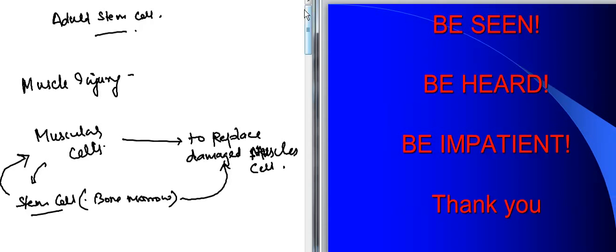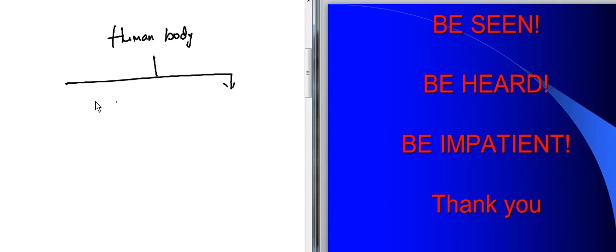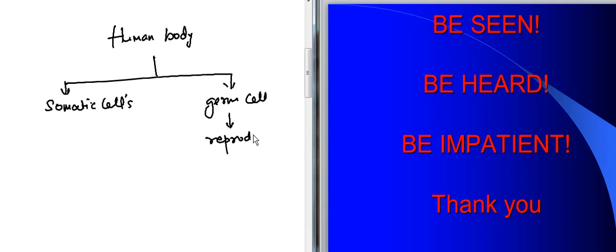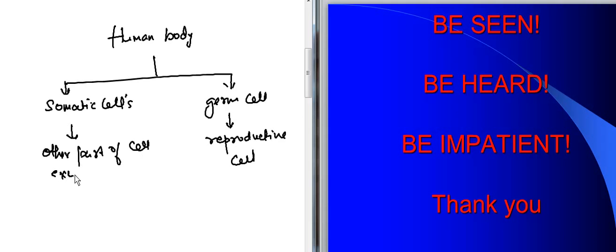I will tell you one thing about human stem cells: the human body contains two types of cells, somatic cells and germ cells. Germ cells are your reproductive cells. Somatic cells are the other part of the cells, except reproductive cells.